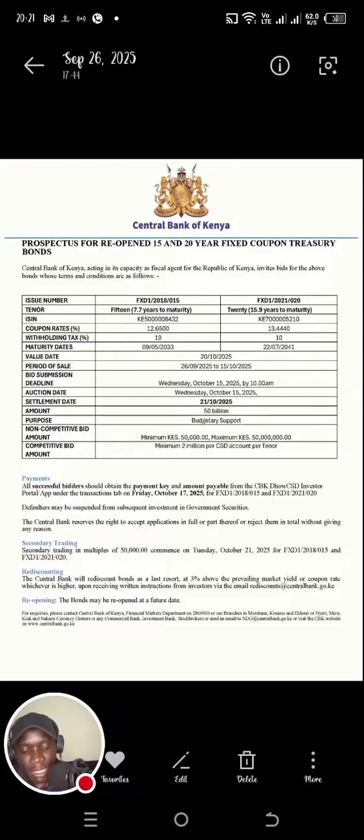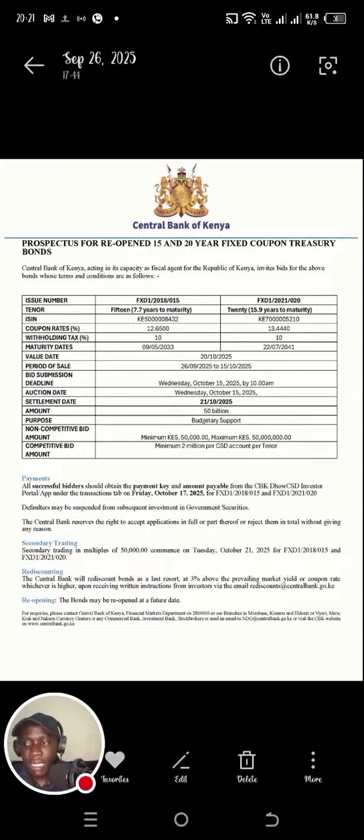So every year, if you give the government 100,000 in this particular treasury bond, every year the government will give you back 12,099 shillings. As we shall see in a few minutes, the interest is paid in 2 installments. So in each and every installment, you'll get 6,049 shillings.